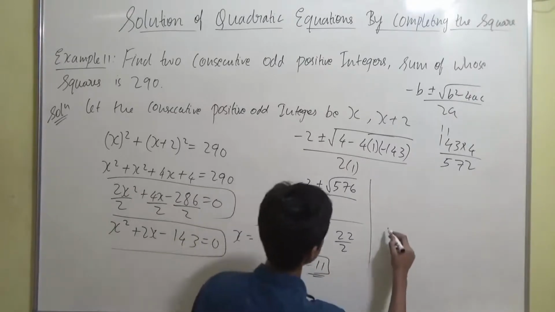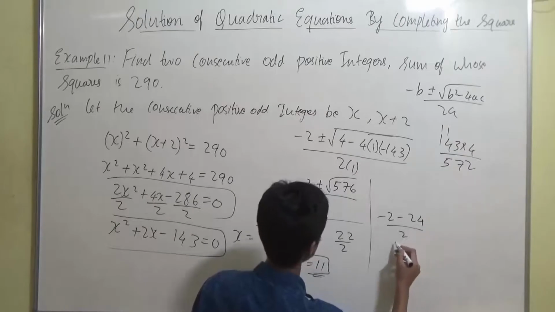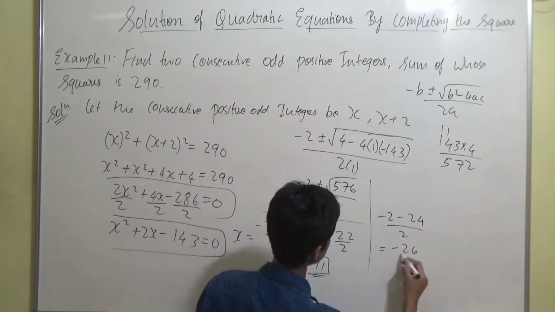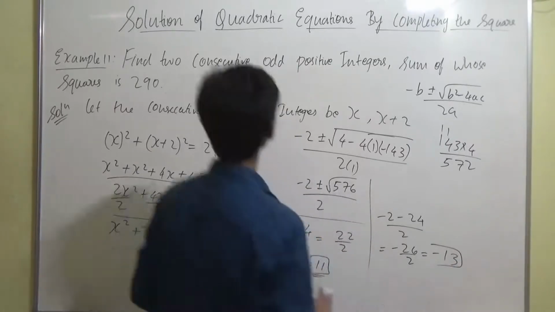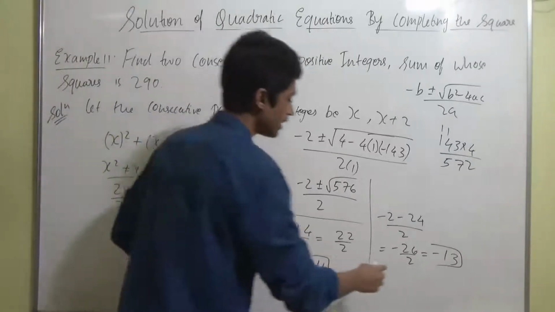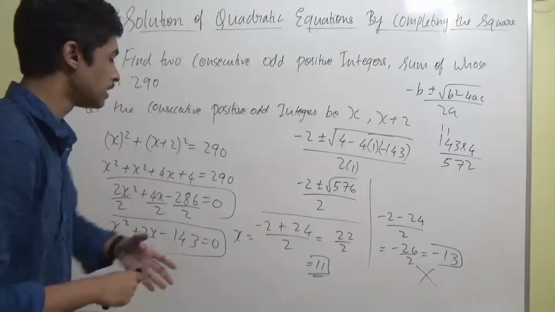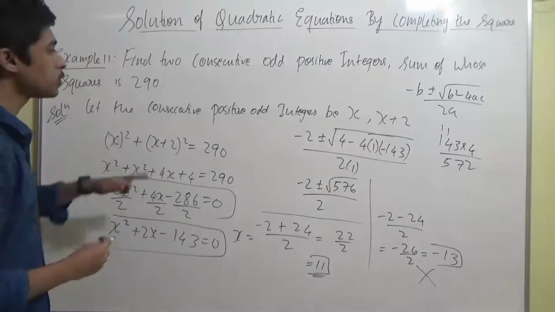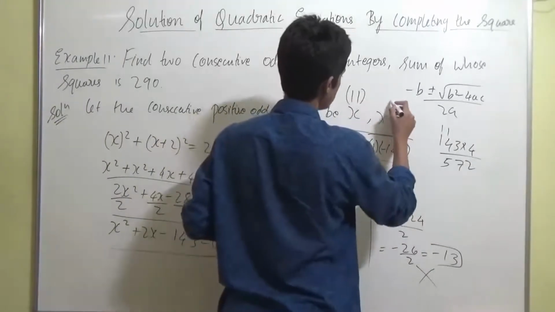One more solution is minus 2 minus 24 by 2, which becomes minus 26 by 2, which is equal to minus 13. So these are the two solutions, but they have said positive integer, which means the negative solution will get eliminated. So x equal to 11 and x plus 2 equal to 13.